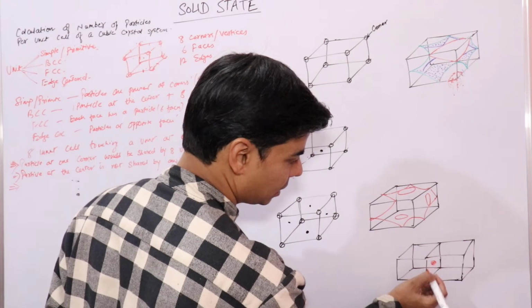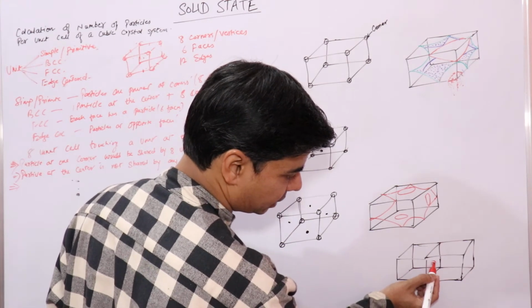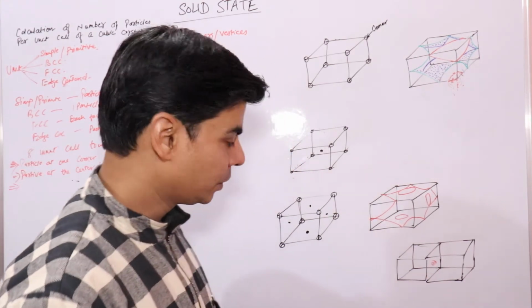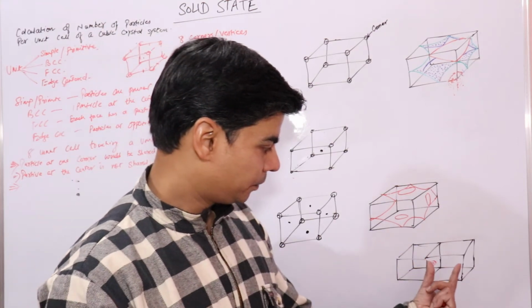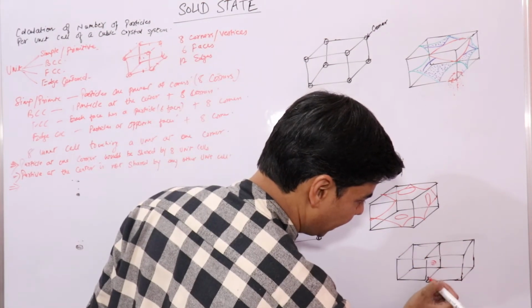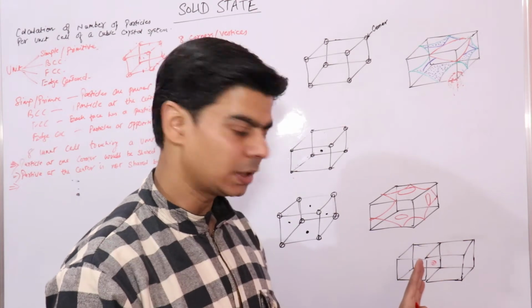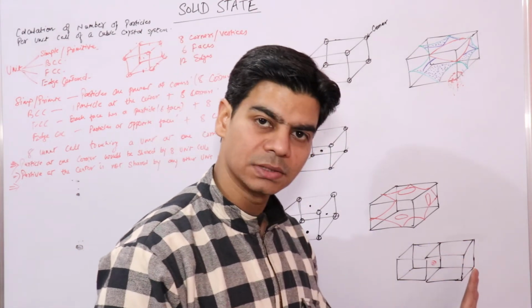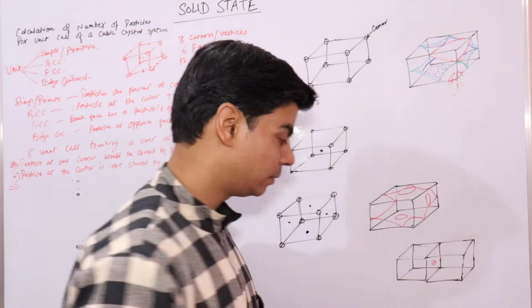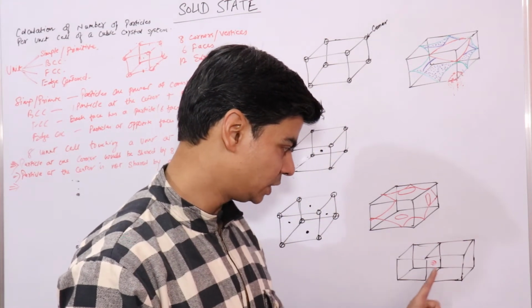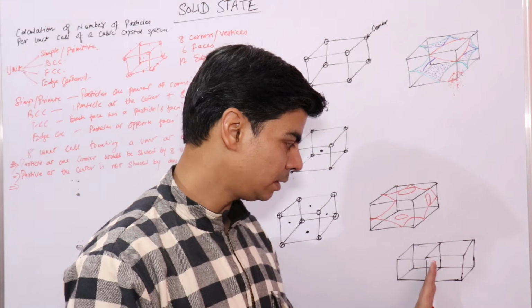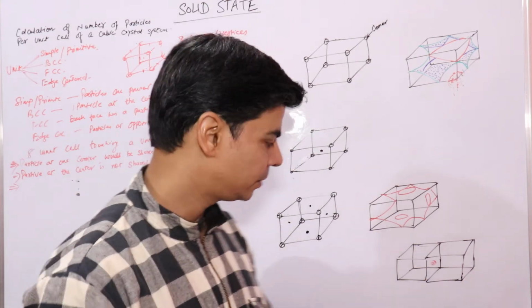If this is the face, a particle which is present at this face would be at a unit cell at this face. This face of the unit cell would be touched by the neighboring unit cell, right?